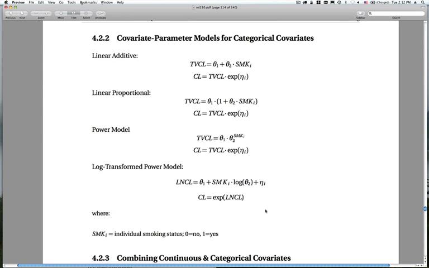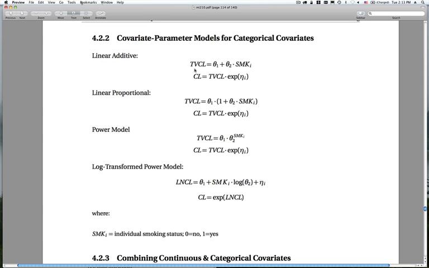For categorical covariates, we have similar model structures, although there are some slight differences. Categorical covariates are those that take on a value of a category, a 0-1 variable, yes, no, for example. And we're using smoking status here as a yes-no indicator of a patient's status with respect to smoking.